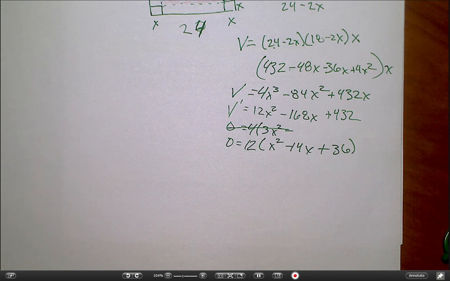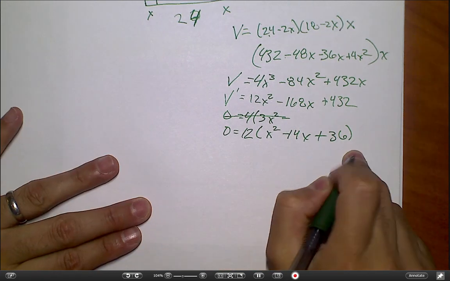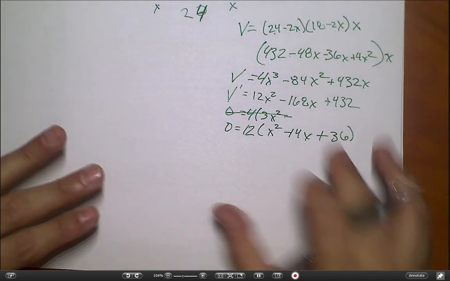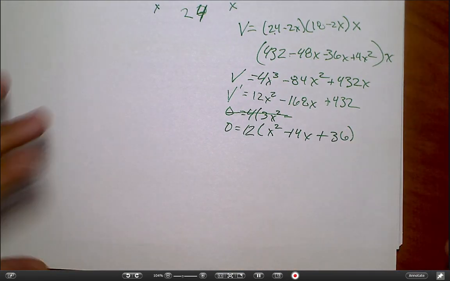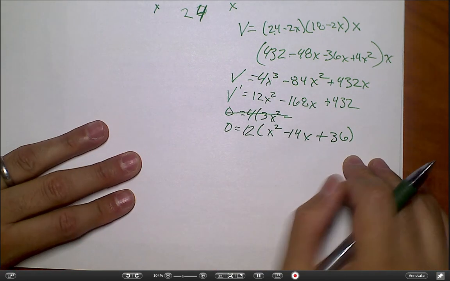Or use the calculator. I'm trying to do it without the calculator because you're going to have a no-calculator problem. Even though they are big numbers, there's no calculator on a lot of this.